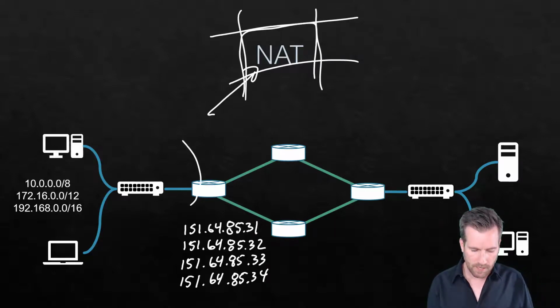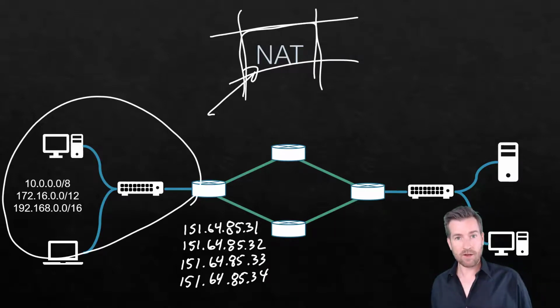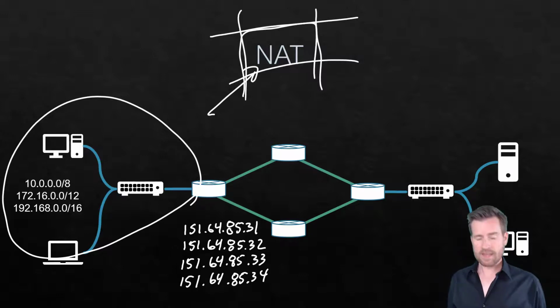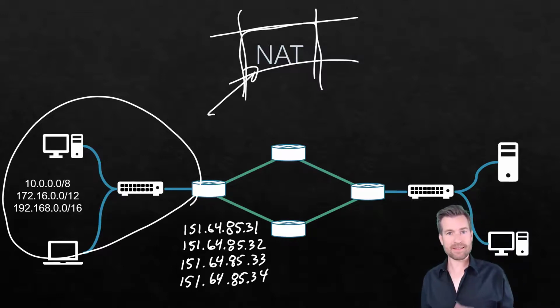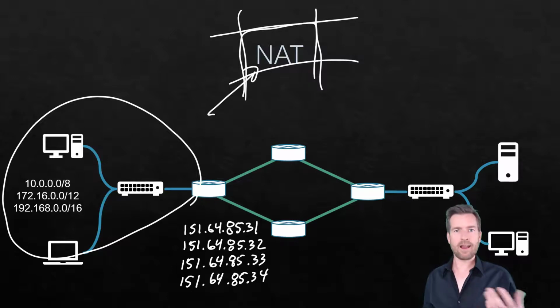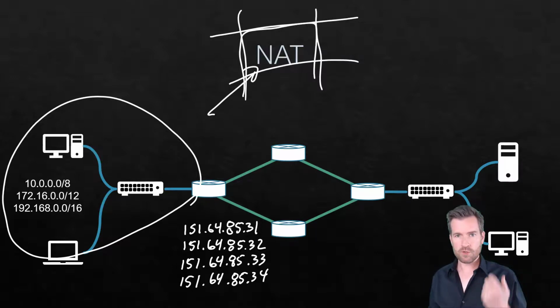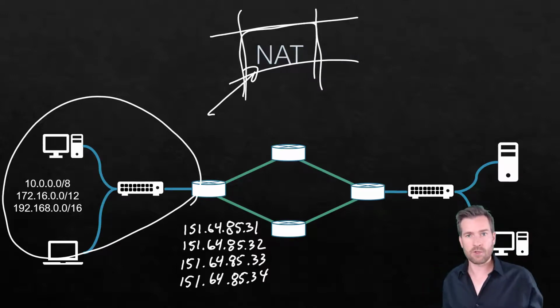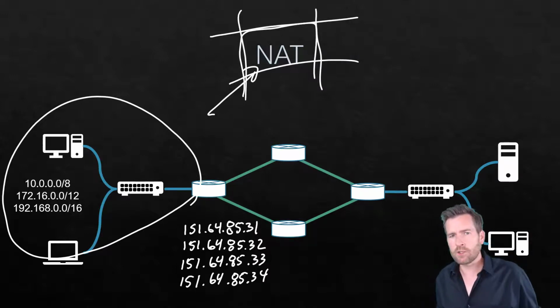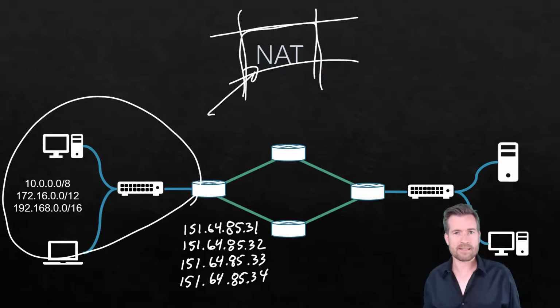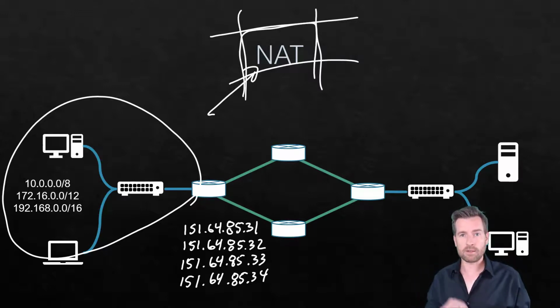We have these private addresses here on the back end. And the idea behind this, at least at one point in time, is that not all computers or devices are going to be talking out on the internet at the same time. You're only going to have a fraction of those devices that are going to talk out to the internet and out to the rest of the world. Now, that's no longer true, because a lot of devices now, as soon as they get onto their network, start reaching out.